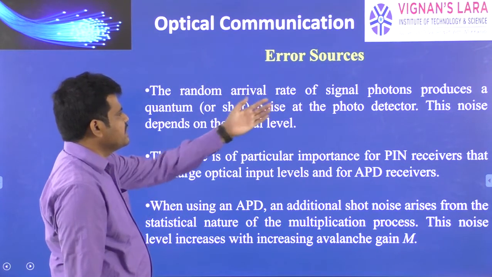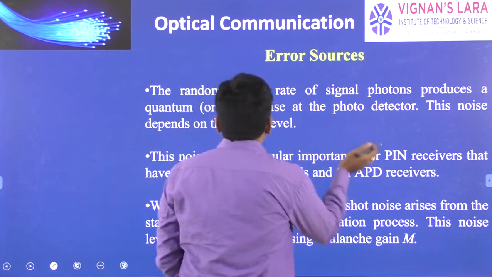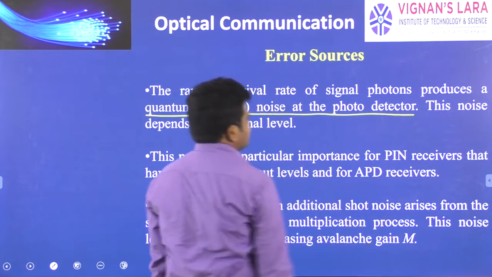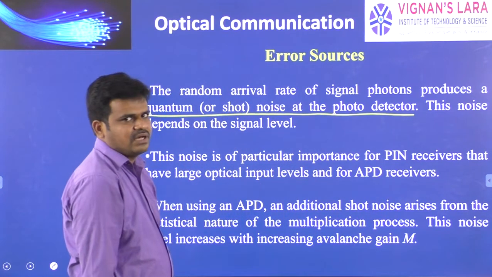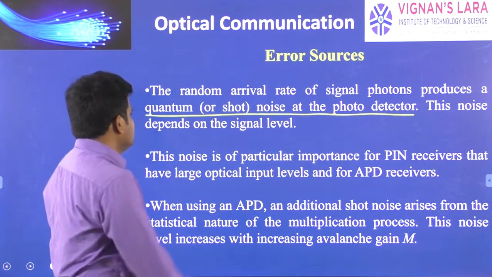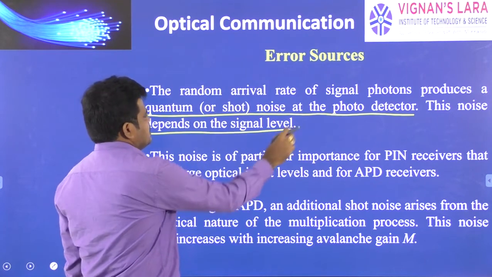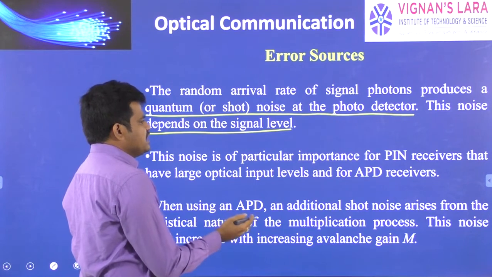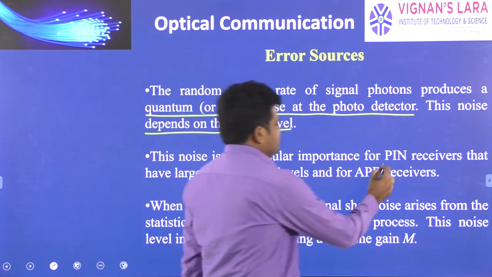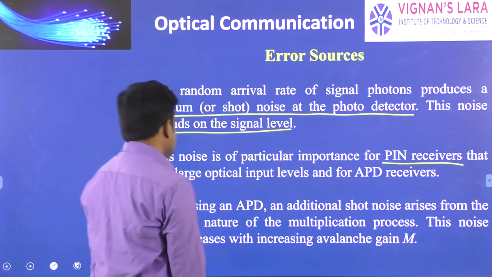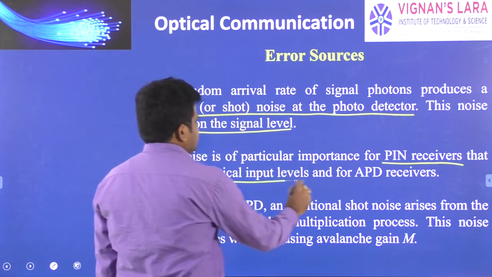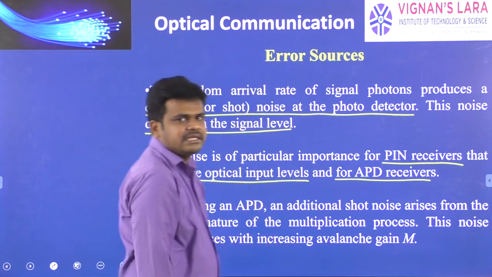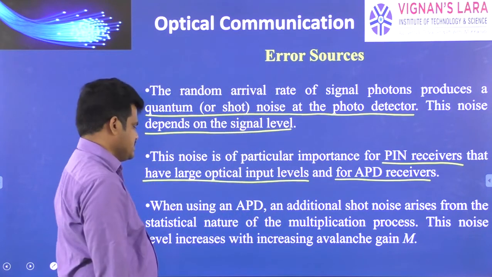The random arrival rate of the signal photons produces quantum noise at the photodetector. This noise depends upon the signal level. So this noise is of particular importance for PIN detectors that have large optical input levels, and also for APD receivers.